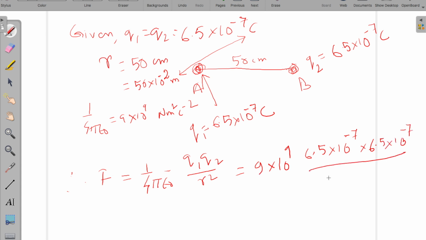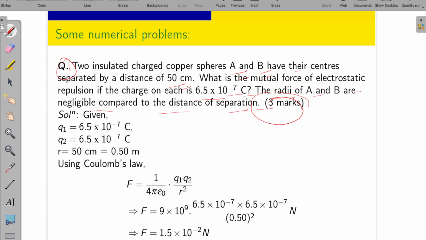What is the distance between them? 50 multiplied by 10 to the power minus 2 whole square. What will be the answer? You just calculate and find the answer. I will show you what the final result is. Okay, after calculations the final result will be this.